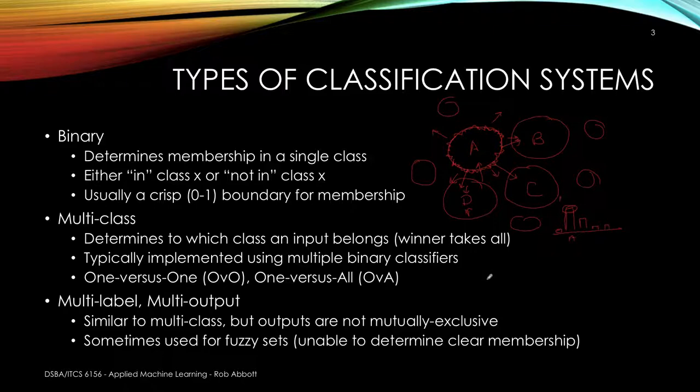So, a one versus one strategy means that I train a whole bunch of binary classifiers not to be in A or not in A, but basically it becomes A versus B. It becomes A versus C, B versus C, so on and so forth.